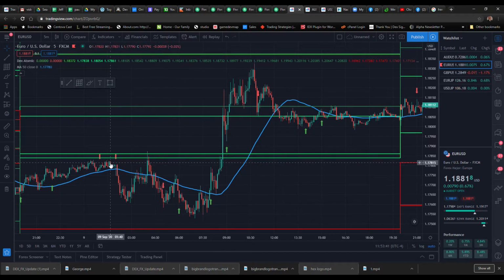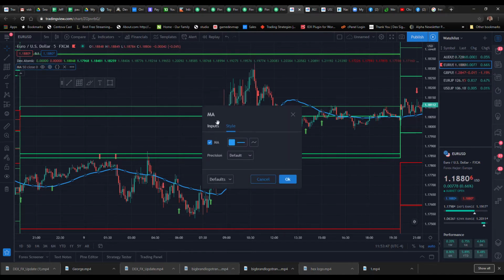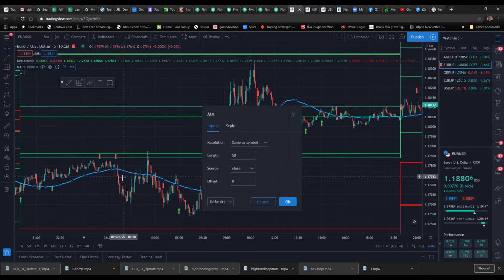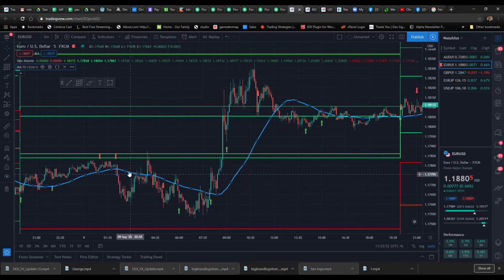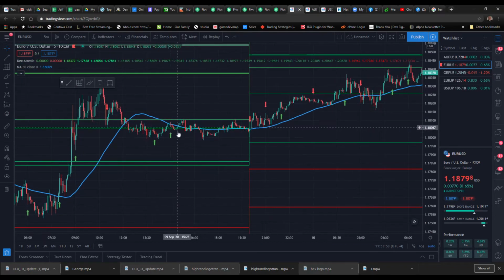In the next part, there is the moving average, which is called the MA. This is set to 50, which means 50 previous bars. And the line that shows up on the chart shows the average of the market, whether it's being in a downtrend or an uptrend or sitting in a channel or what have you.